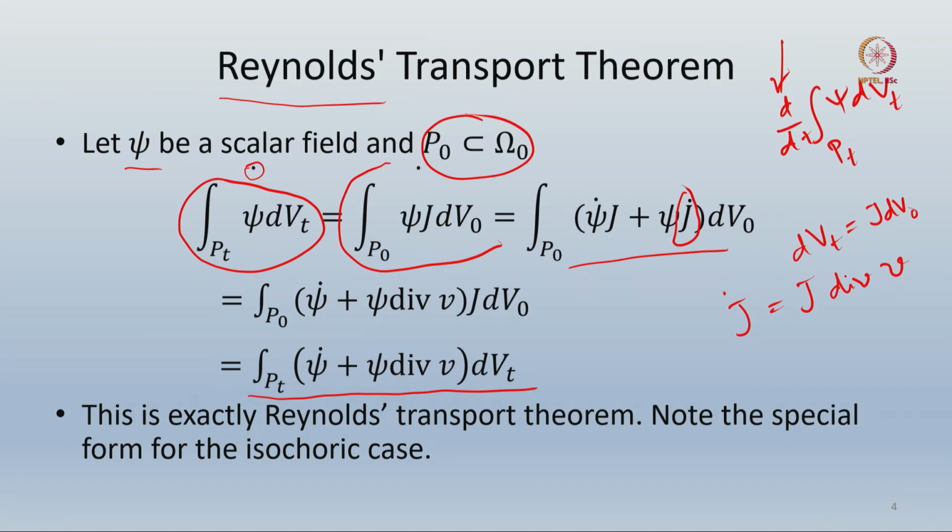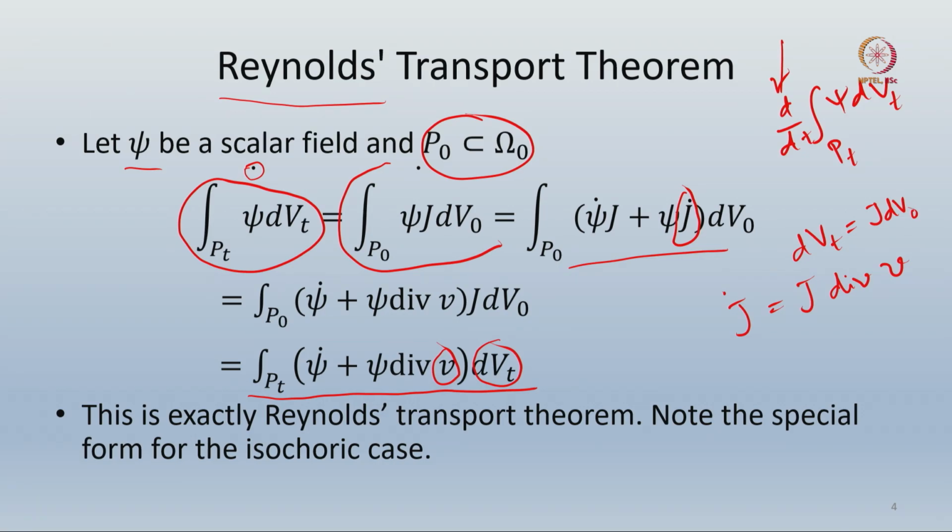The reason why I am using capital V to denote the infinitesimal volume elements is that there is a small v, the spatial velocity vector, here. So when there is scope for confusion, I use capital Vt to denote the infinitesimal volume element.